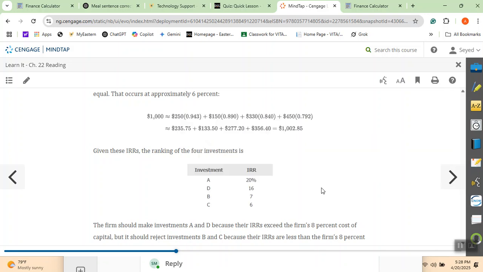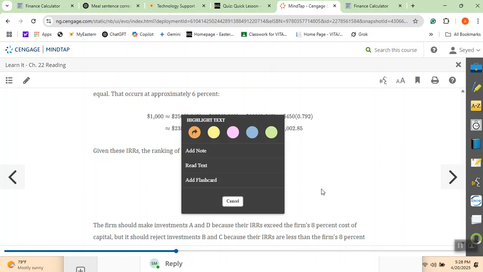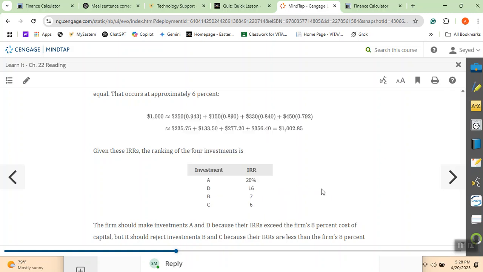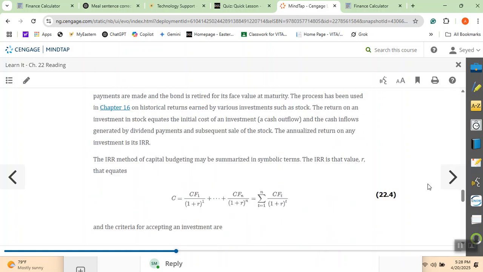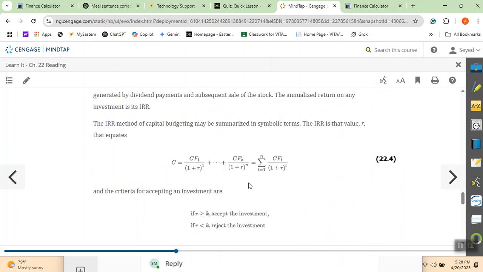As a financial manager, when the return of any project is greater than the cost of capital to you, you accept the project. Here it is 8%, as you see. If it is lower than that, you do not accept it. This formula that you see, although it looks a little bit crazy, is the same formula.